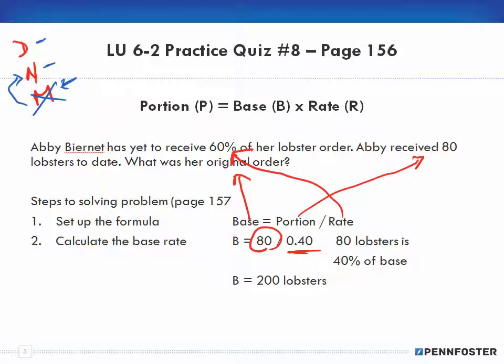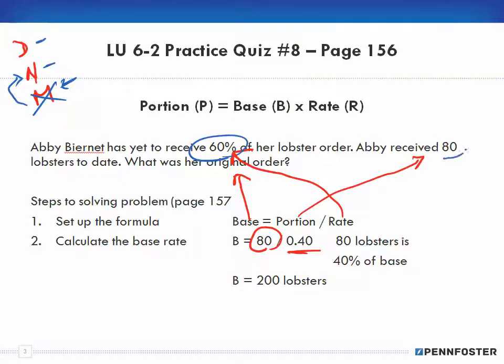And in this case, Abby Burnett has yet to receive 60% of her lobster order. You look at that and go, okay, is that directly related, or does it have nothing to do with the problem, or does it need to be modified? A lot of students would automatically assume that 60% is directly related to solving the problem. Abby received 80 lobsters to date.